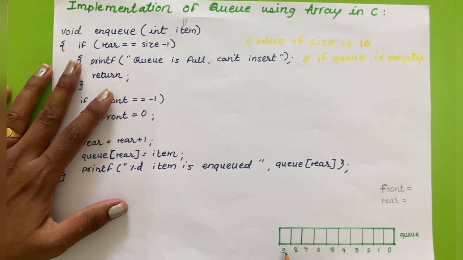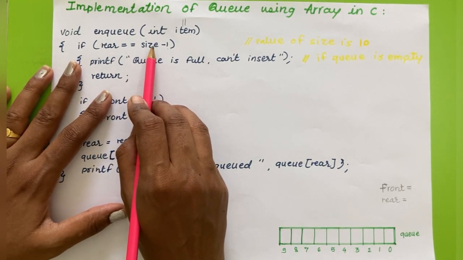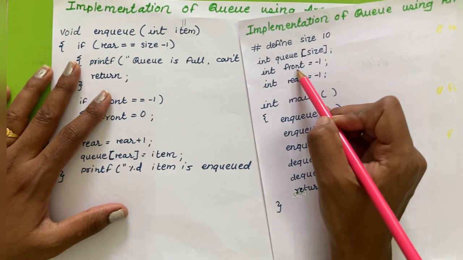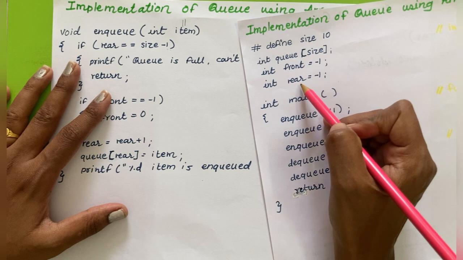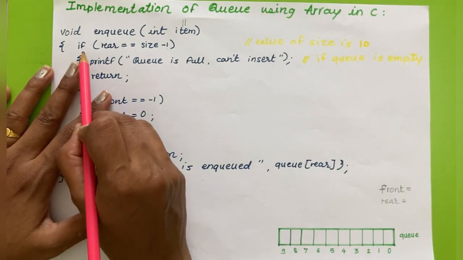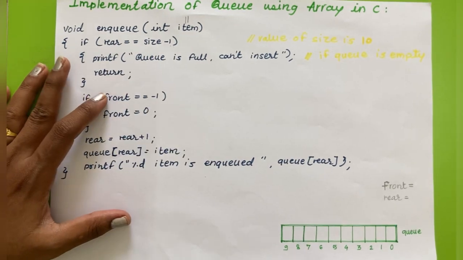Because the maximum index will be 9 only, and the size variable we have initialized to 10 globally, and we have initialized front is equal to -1 and rear to -1 also. So first we will check whether rear is equal to size -1 or not.